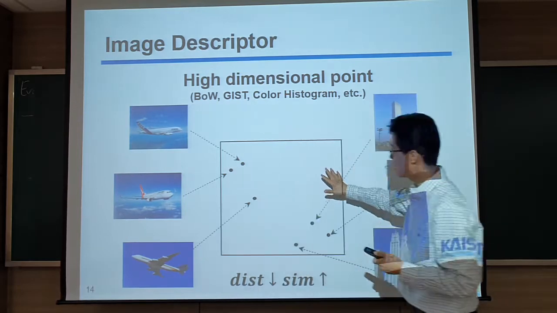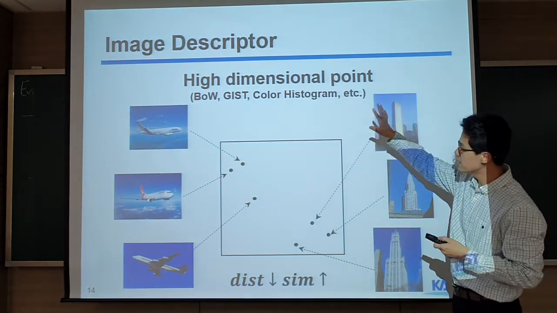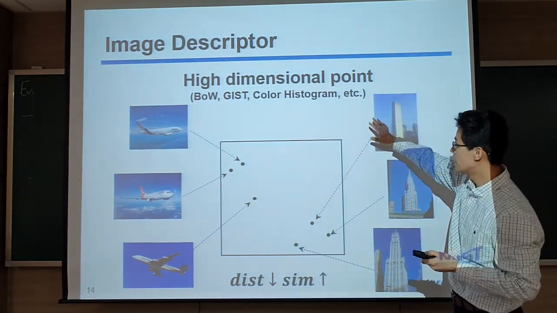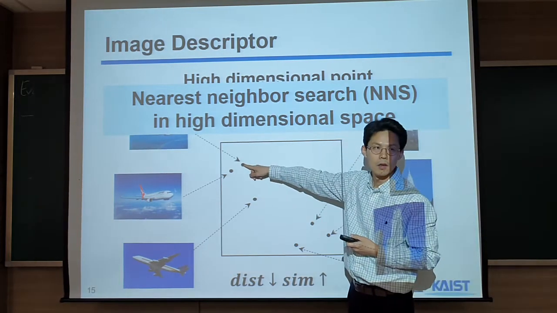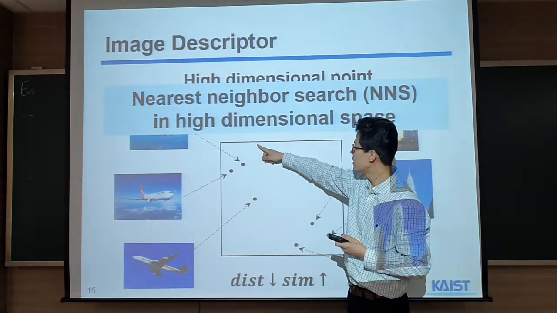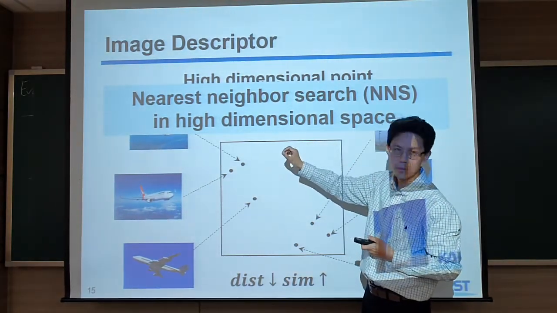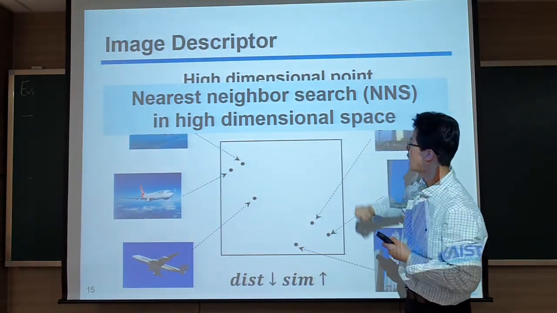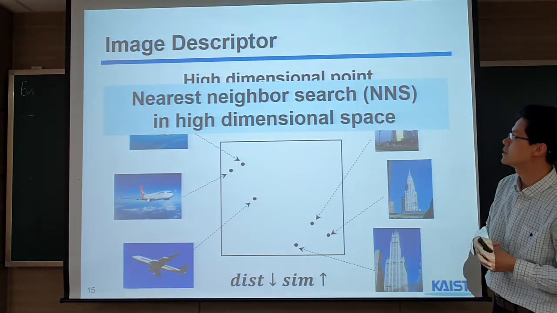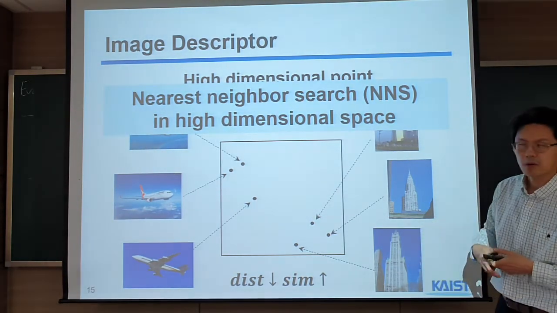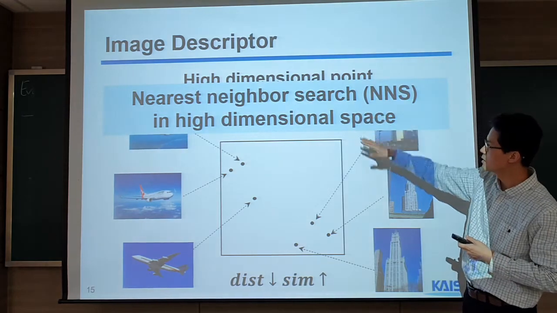So the bottom line is that image search is nothing but, given a query image, identifying the most similar, the closest neighbor within this high dimensional space. In other words, image search is nothing but performing nearest neighbor search in this high dimensional space.